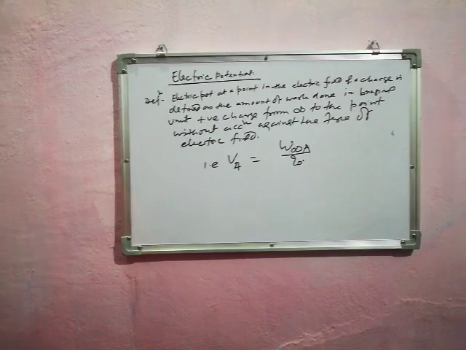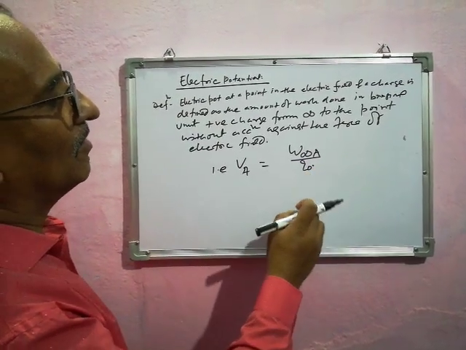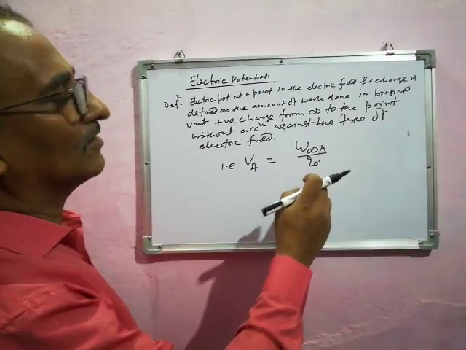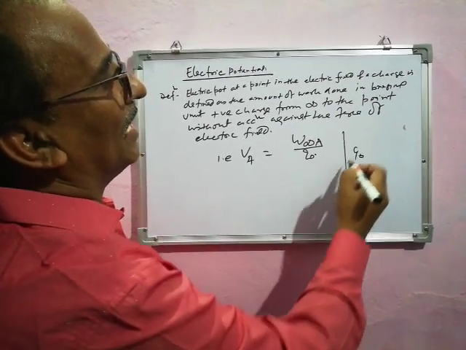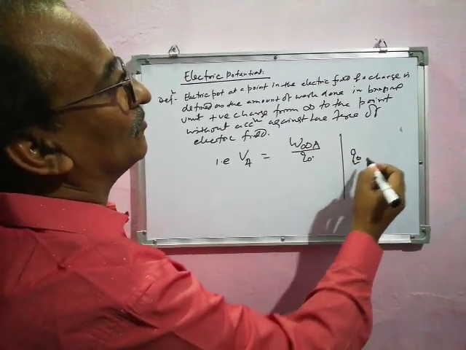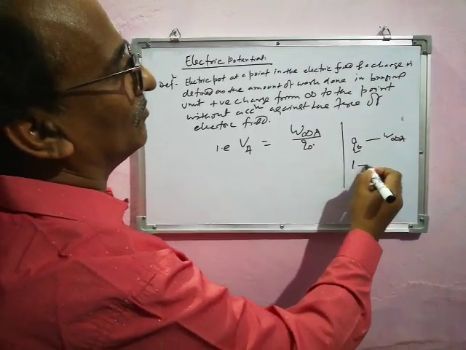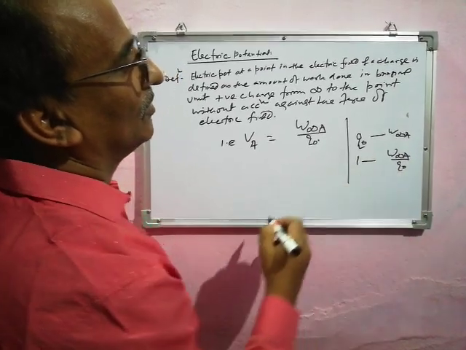Here Q naught is a test charge. It is a charge of vanishingly small amount. First of all, we calculate the work done for bringing the test charge Q0, and if the work done from infinity to A for charge Q0 is known, then for unit charge it will be work done from infinity to A divided by Q naught.